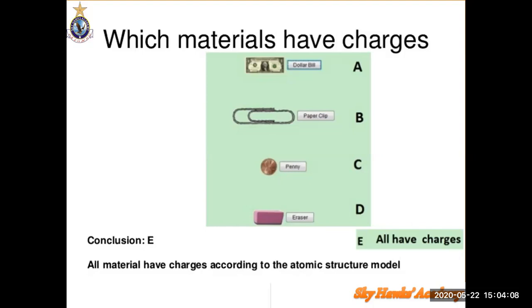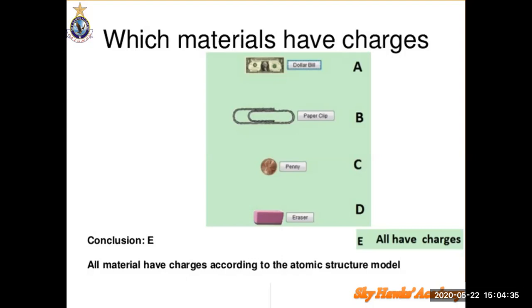Now let's see if you can read. Which materials have charges? A, a dollar bill. B, paperclip. C, a penny. Or D, eraser. E, all materials have charges, according to the atomic structure model. This is what we call the electrostatic charge.